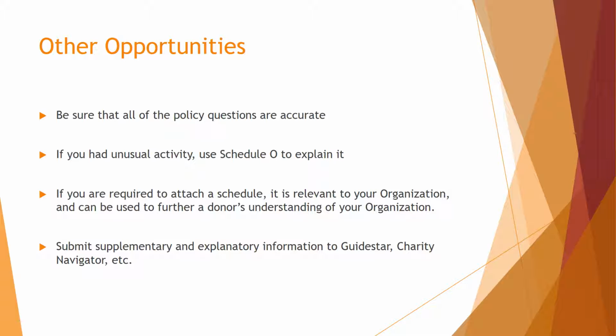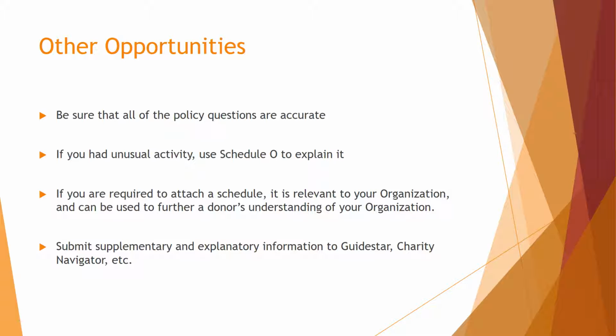Those are things that aren't required by the IRS, but they do require you to disclose whether or not you have them. So if you have them, you really want to let everybody know, because that's a positive thing. And if you don't have them, it might be something you want to look into. And that's really why the IRS put those on the Form 990. But beyond making the IRS happy, it's also something that donors will like to see.